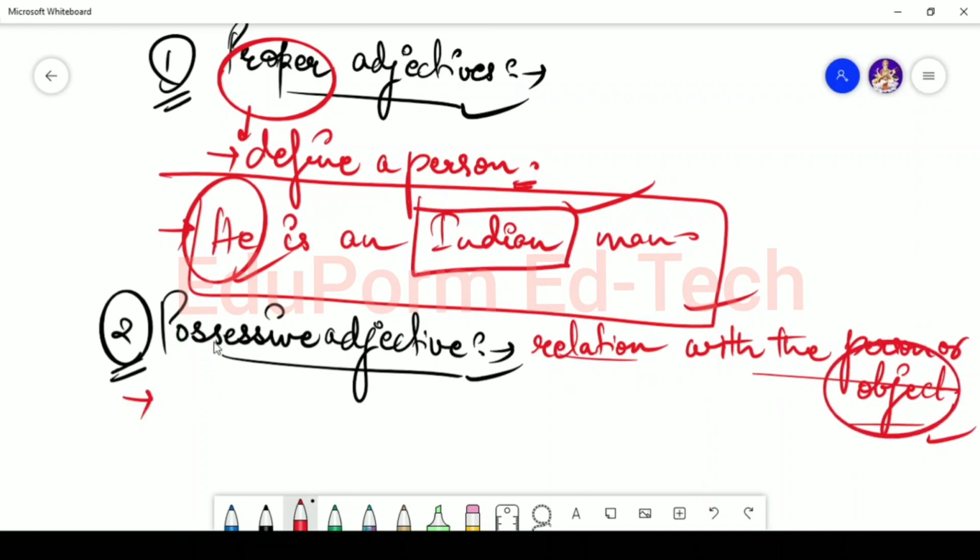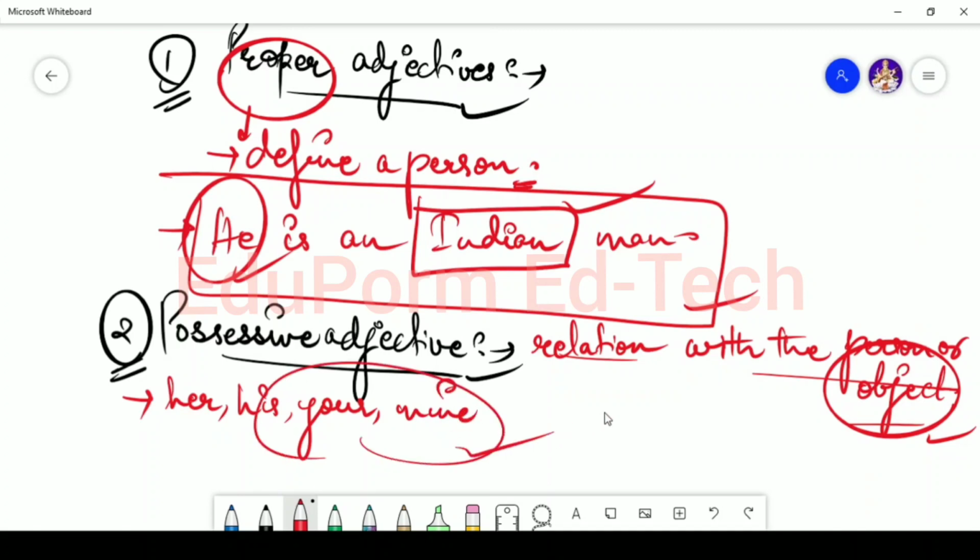Let's say for example, if I'm saying her, his, your or mine, all of these show relation with a person or an object.